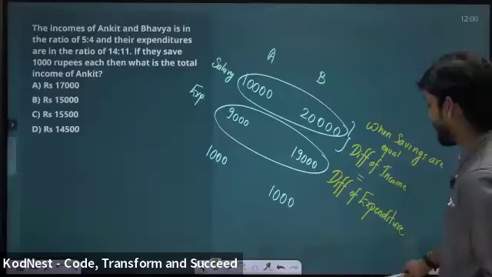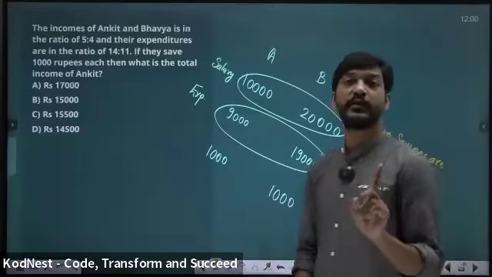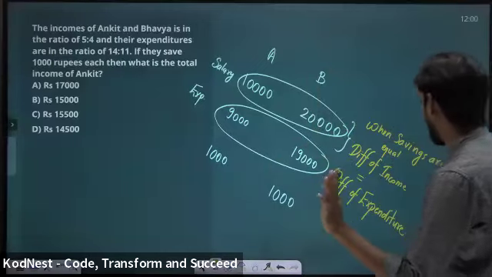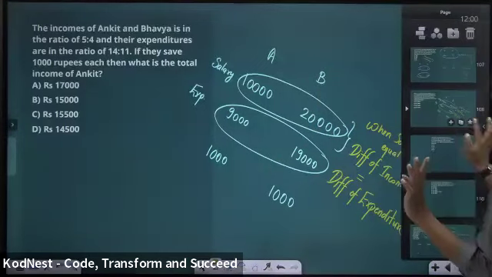All right, so difference of income should be equal to difference of expenditure whenever savings are equal. Okay, so now let me copy this page once.